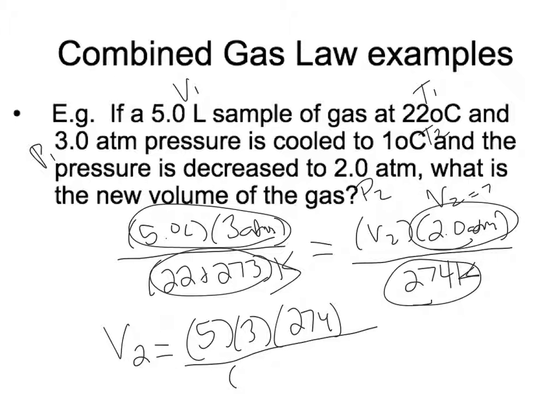Going to divide it by, let's see, 295. That's 295, right? Times 2. Now when you do this on your calculator, make sure that you put parentheses around these. If you go 5 times 3 times 274 divided by 295 times 2, it won't do it right. You have to put brackets or parentheses around here.